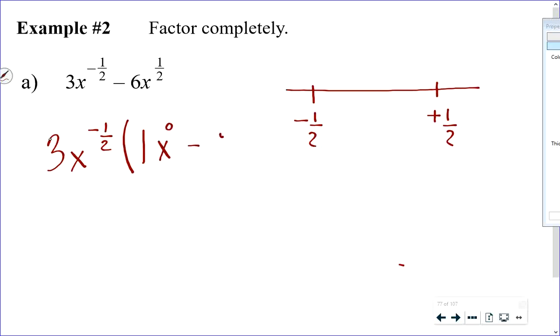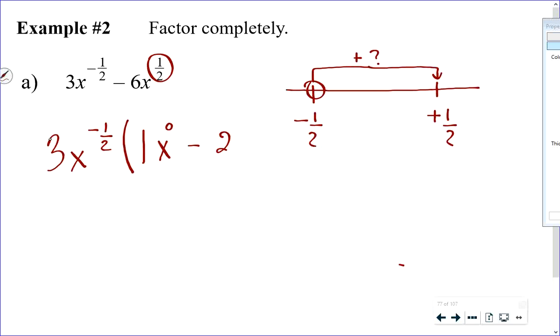Minus 2, and I now have to write x raised to an exponent that when added to the negative 1/2 takes me to the exponent I started off with. And I'm a big fan of number lines. I know the answer is 1 because I look up here. I'm figuring out what do I add to get from negative 1/2 to the exponent I started off with.